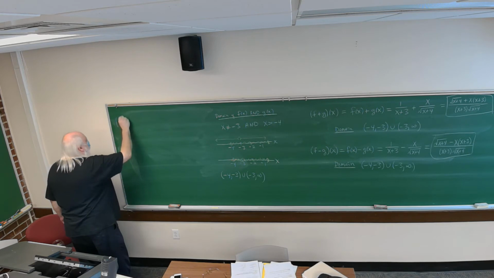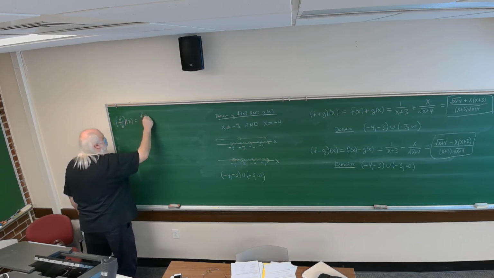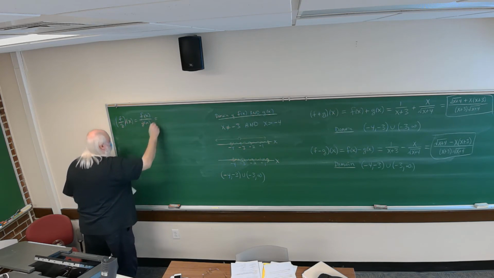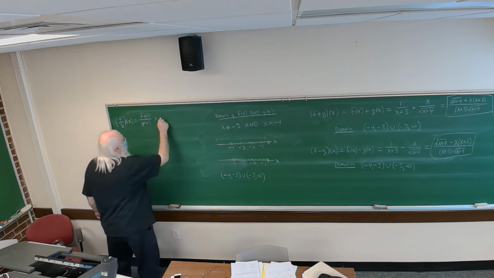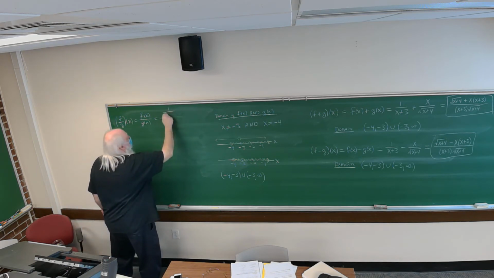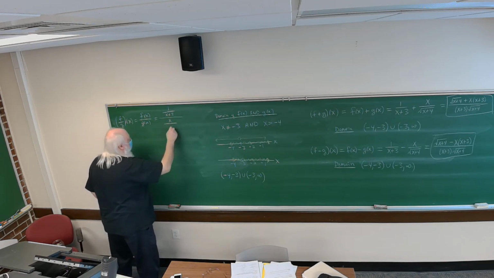F over g of x is equal to f of x divided by g of x. Well, f of x is 1 over x plus 3, and g of x is x divided by the square root of x plus 4.